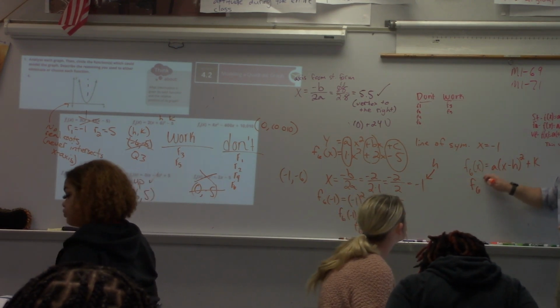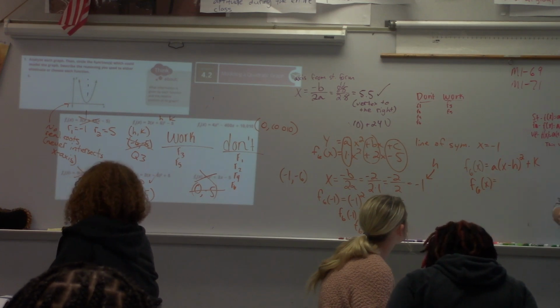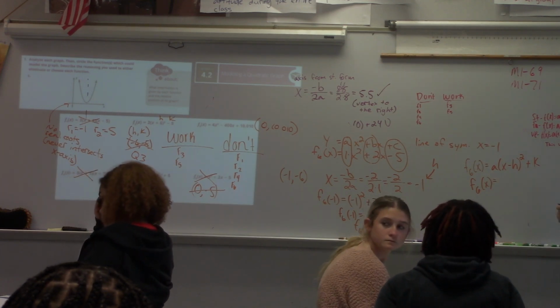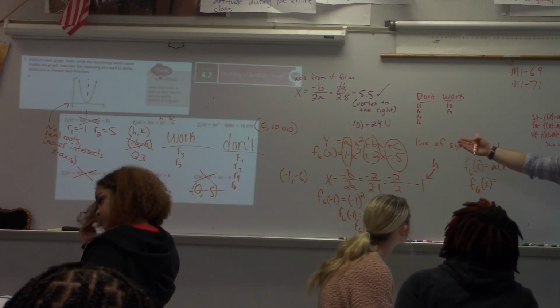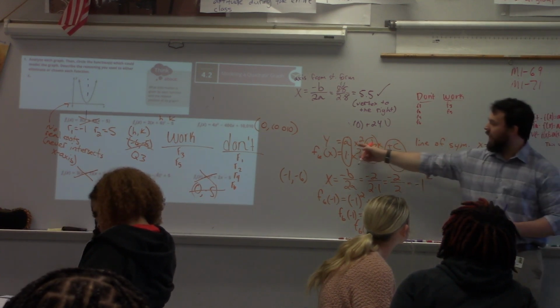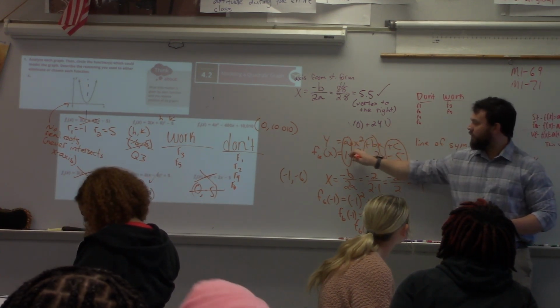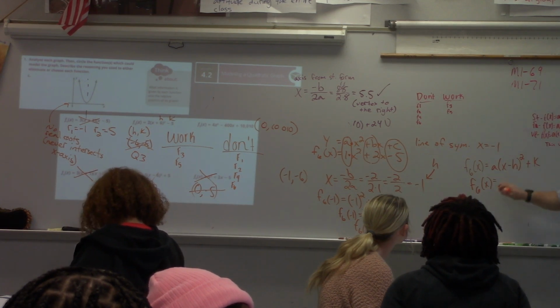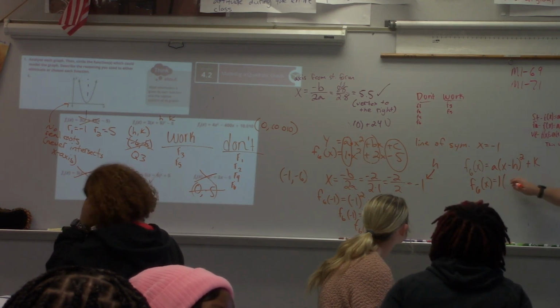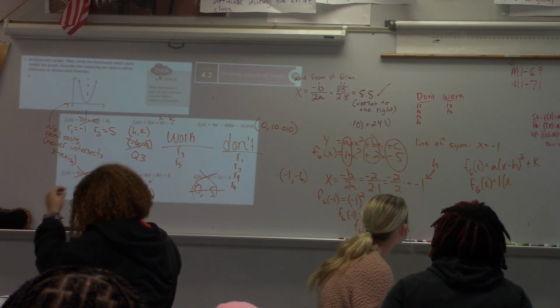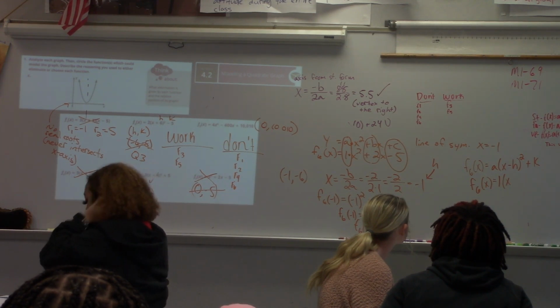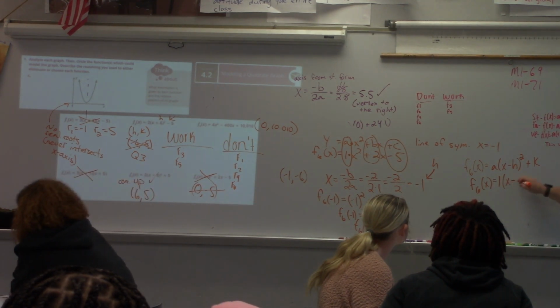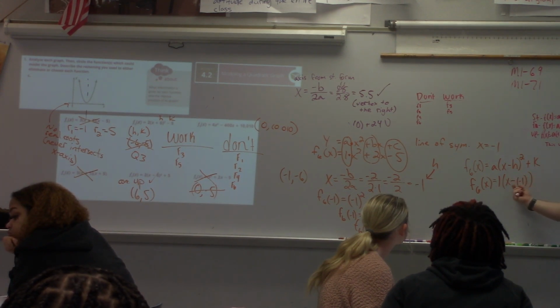What is a from the standard form? One. Remember, x squared is 1 times x squared. A is just the coefficient. So a is 1 times x minus, well, we're subtracting h, so minus a negative 1.